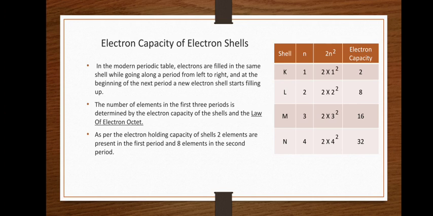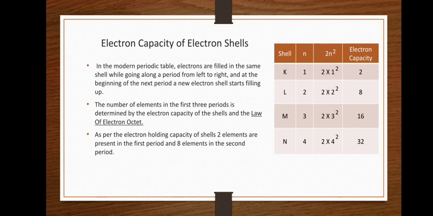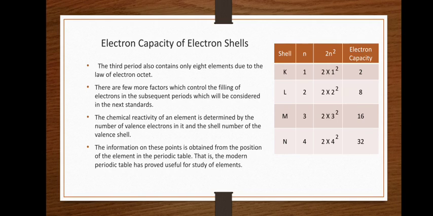So the electron holding capacity will grow as you move down the group. Now let's see here. The third period also contains only 8 elements due to the law of electron octet.